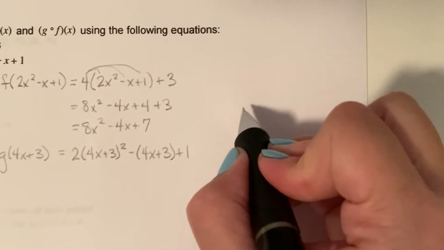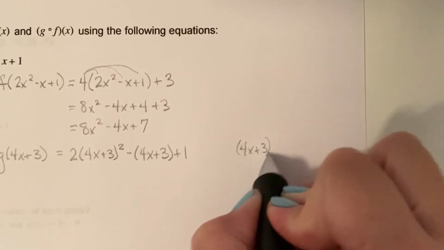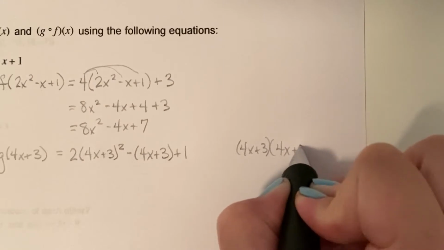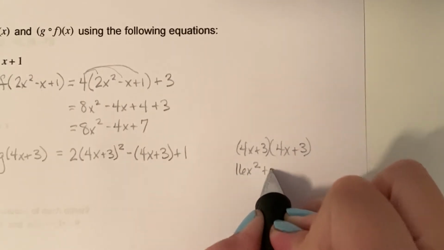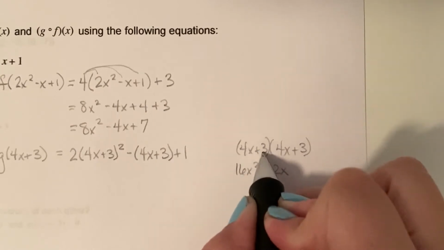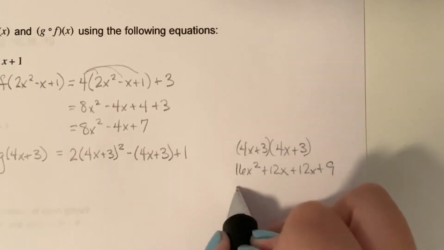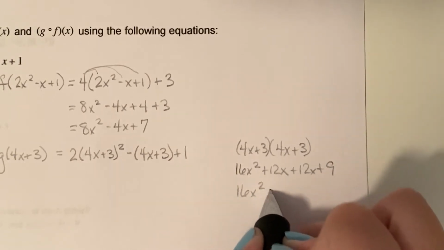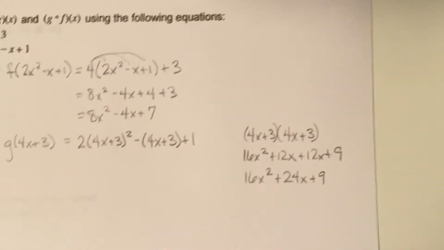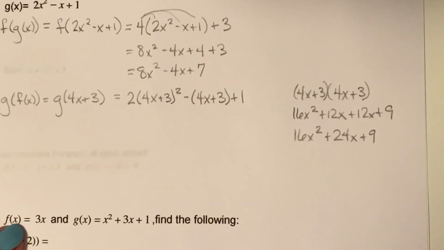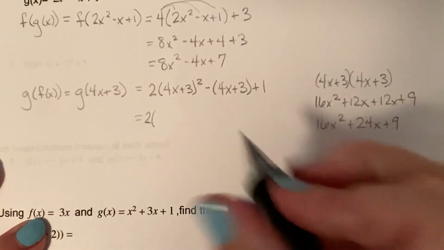So off to the side, let's do that. So we have 4x plus 3. Okay, so we get 16x squared plus 12x plus 12x plus 9. So we get 16x squared plus 24x plus 9. Okay, so we go back in here. 2 times that whole thing.